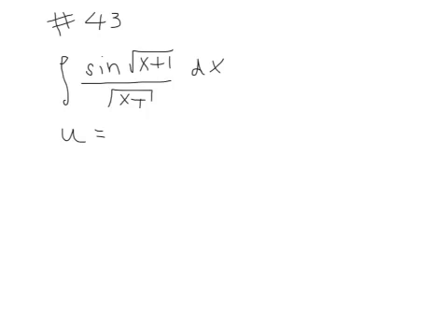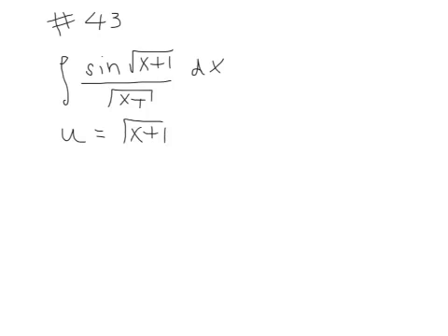Now if you let u be x plus 1, then du becomes just dx, and you end up getting the integral of sine of square root of u divided by square root of u du, which wouldn't help as much as the other option.